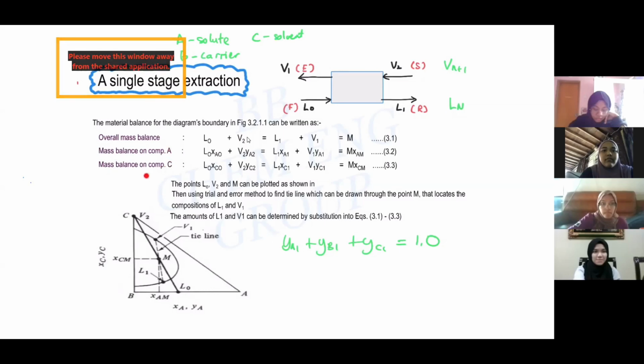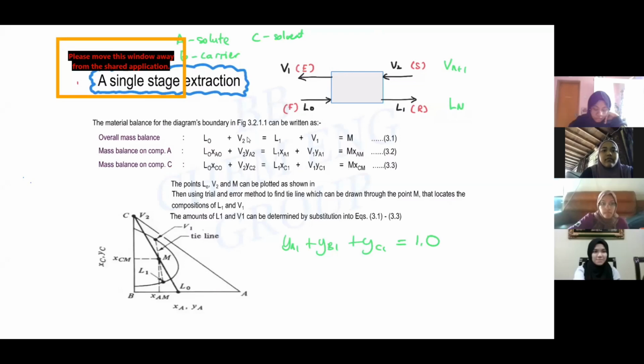Don't bother about the carrier, which is your B, because once you know your A and C, you should know your B. If you have three unknowns A, B, C and you know two of the variables, you should know the other variable.